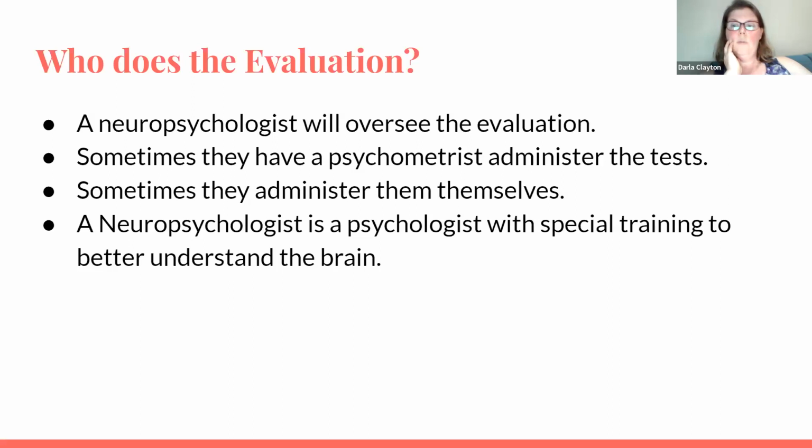So they're good at doing those standardized things that keep the test exactly as it's supposed to be. It can be done by a psychologist or a psychometrist, but the neuropsychologist is the person who should be interpreting those results. So a psychometrist can administer and score a test, but the neuropsychologist is the one who's doing the interpretation.